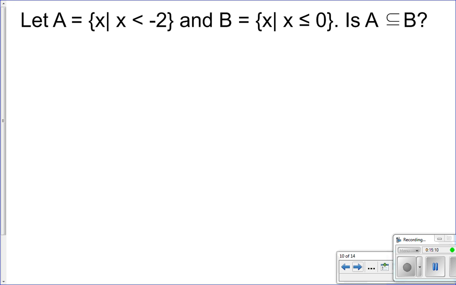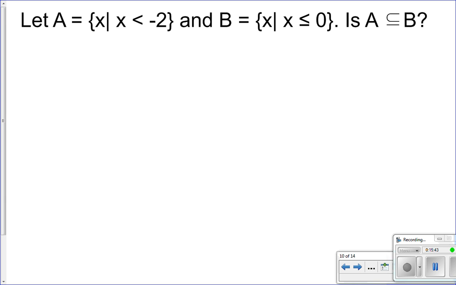All right. Read this question to yourself and see if you can understand what it's asking. And then I'm going to read it in 1 second. So this says, let A equal the set of all real numbers x such that x is less than negative 2, and B is the set of all real numbers such that x is less than or equal to 0.